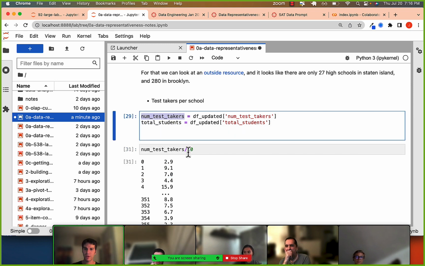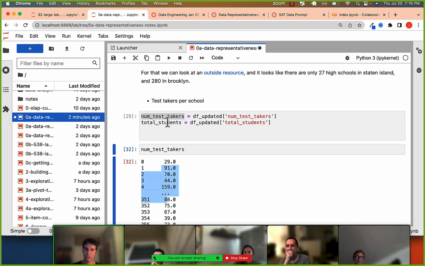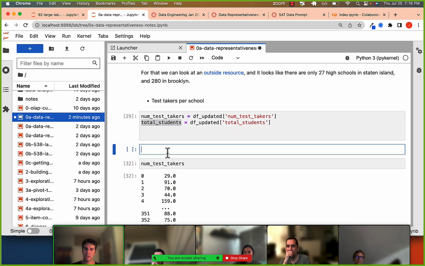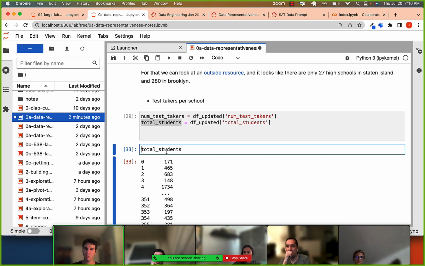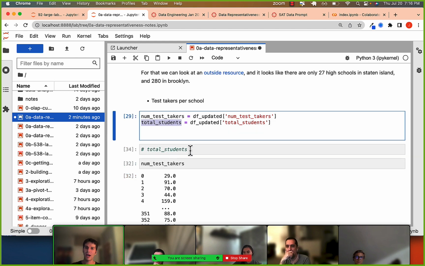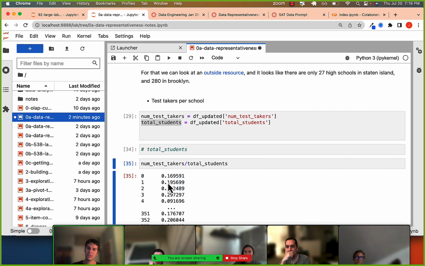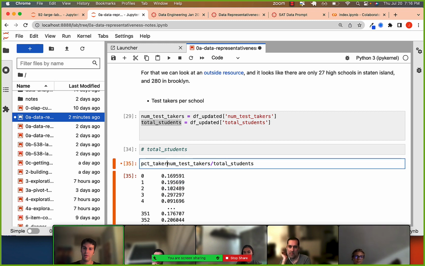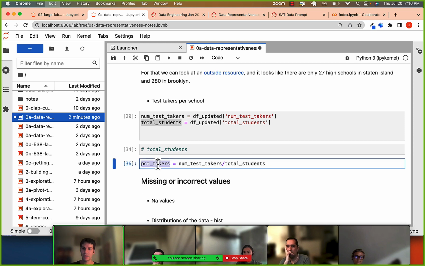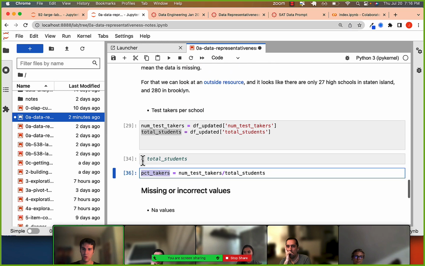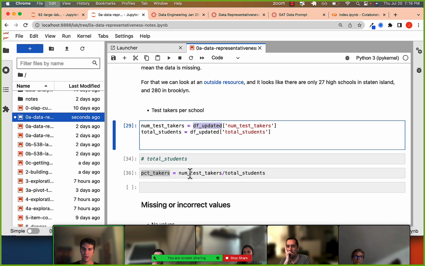So if number of test takers is a series and total students is a series, and we want to divide the two, it will line these up and tell us, okay, this is 16%. In this first school, it was 19.5%. The second school, so these are the percent of people taking the test, and then from there, we can add this to our DF, our data frame.